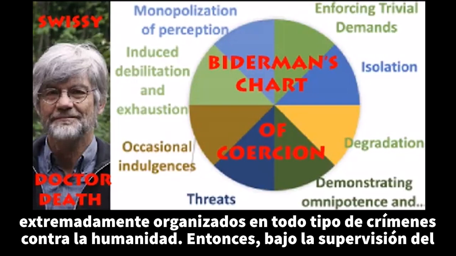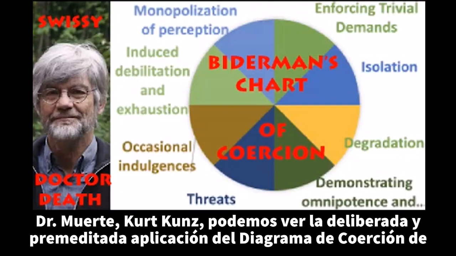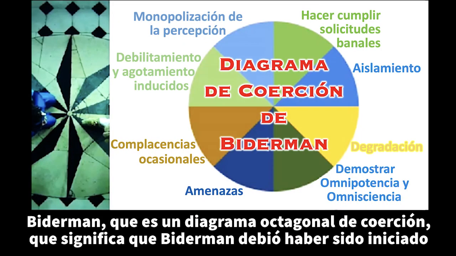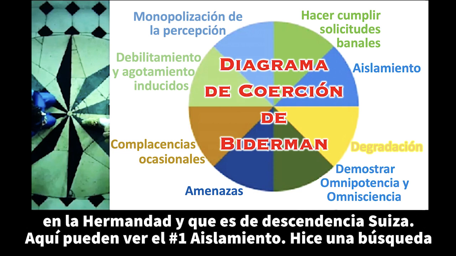So, under the supervision of Dr. Death Kurt Kunz, we can see the deliberate and premeditated application of Biderman's chart of coercion, which is an octagonal chart of coercion, meaning that Biderman must have been initiated in the Brotherhood and of Swiss descent.